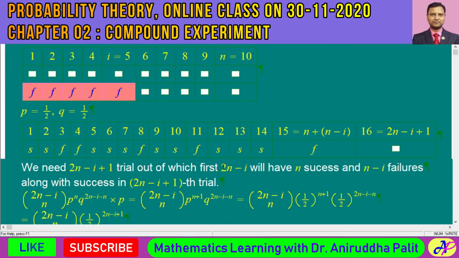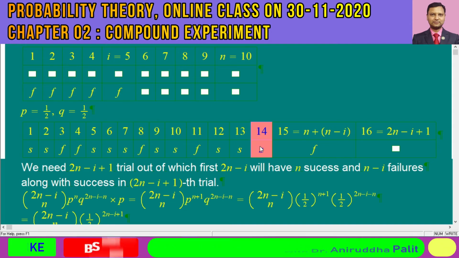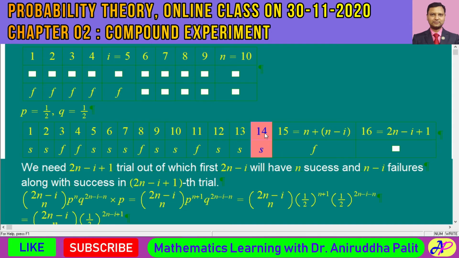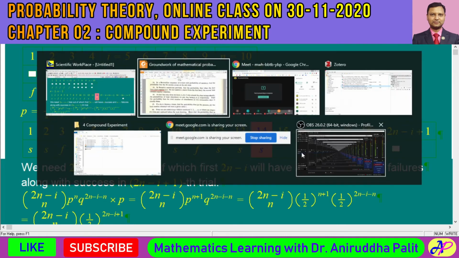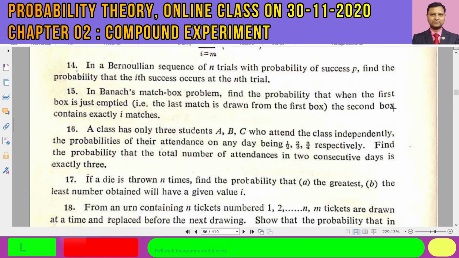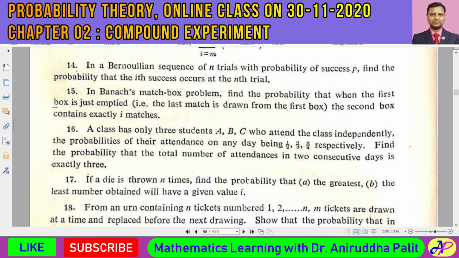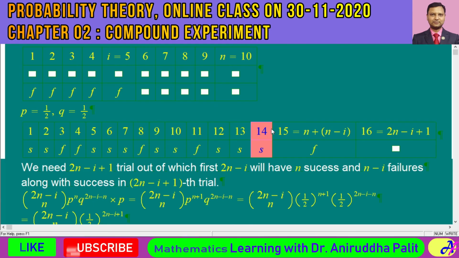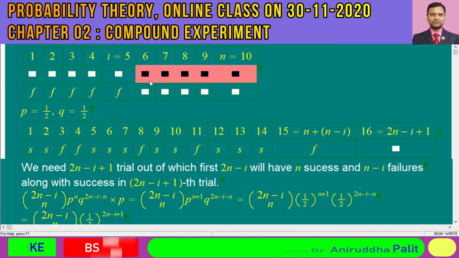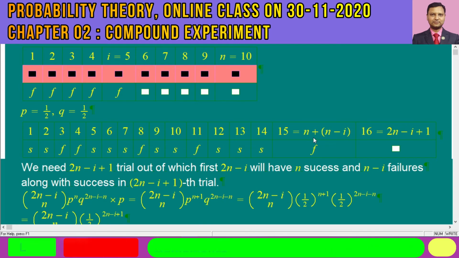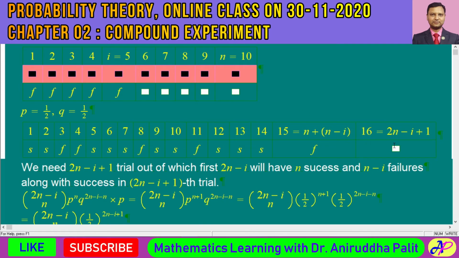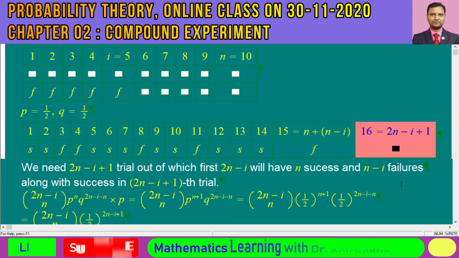That means over here we are talking about trial number 14. Look at the question once again. When the first box is just emptied, that means in trial number 14, after using a stick out of this first box, it is emptied for the first time, and subsequently whenever we choose the first box, obviously we will find an empty box.